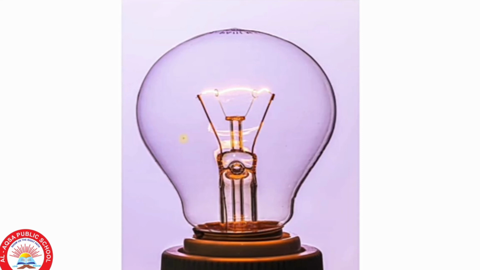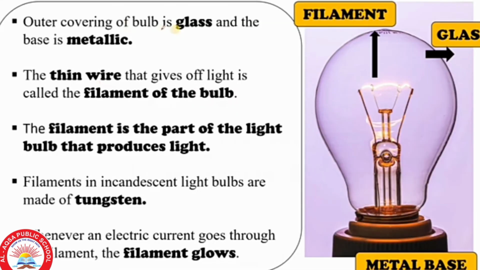What is a bulb? You might have seen this type of bulb. A bulb has an outer covering of glass and it has a base that is a metallic base. The thin wire that gives off light is called the filament of the bulb.